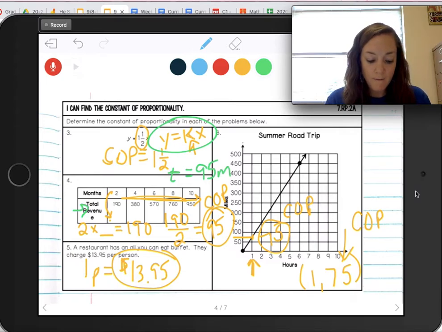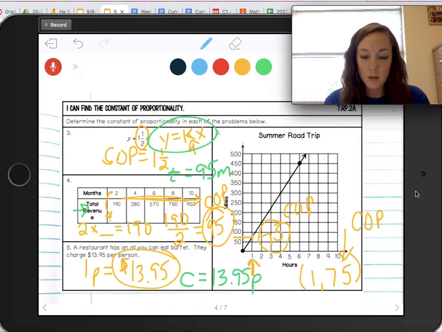For number 5, it's the cost per person. So the cost, C, is $13.95 times the number of people. For number 6, we're talking about miles and hours. So the miles is equal to 75 times the number of hours.